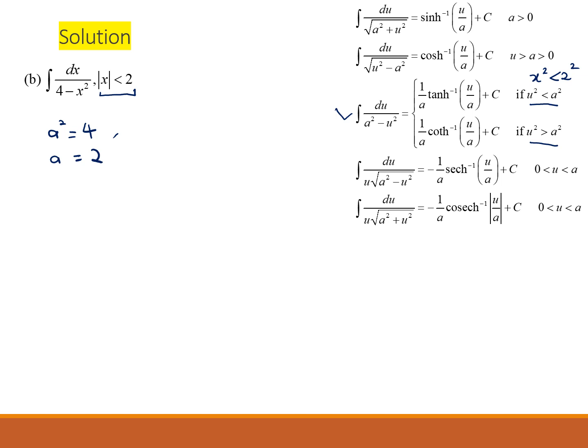Our a squared is 4. So it follows the first answer, which results in 1 over a, which is 1 over 2, inverse tangent hyperbolic of u, which is x, over a, which is 2, plus c.